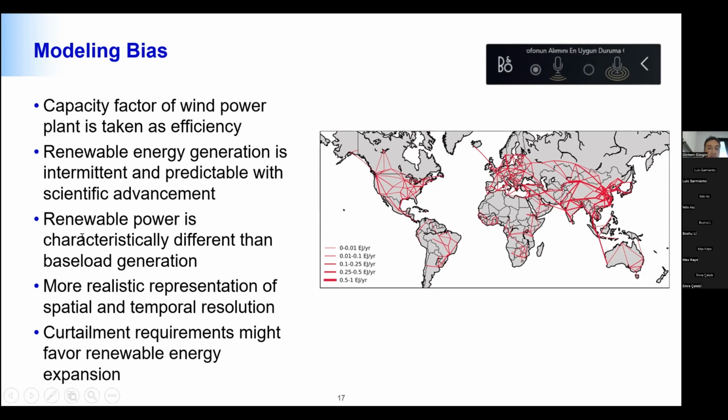And when we define them as two similar technologies, in energy and climate models, we have to define them as separate characteristics, where if we define them as similar, we would have a modeling bias, which we have to try to mitigate by applying energy and climate policy constraints.